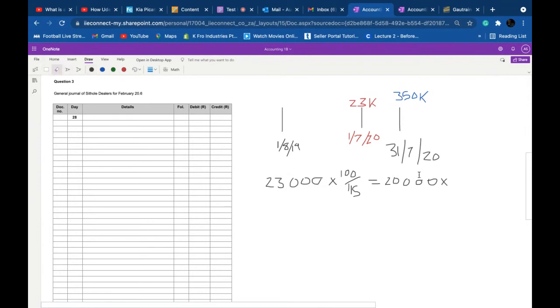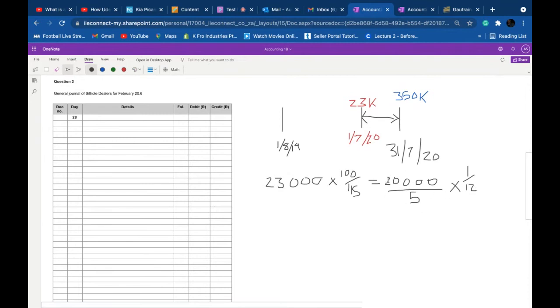So that's fine, we then just divide by 5. But again, can you see this is only for 1 month? So we would then have to times by 1 over 12.